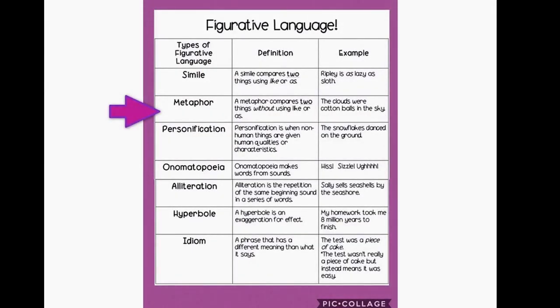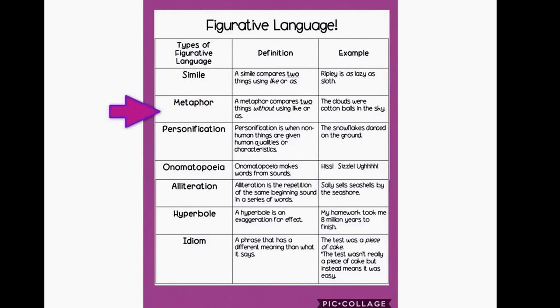The next type of figurative language is a metaphor. A metaphor is very similar to a simile in the fact that it compares two things. But instead, a metaphor is comparing two things by saying it is or it was or they are the same thing. So, if we take a look at the example here, it says the clouds were cotton balls in the sky.